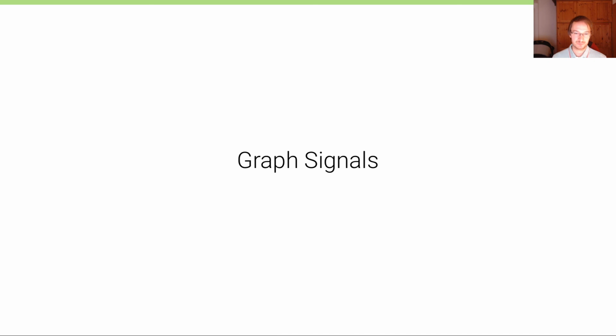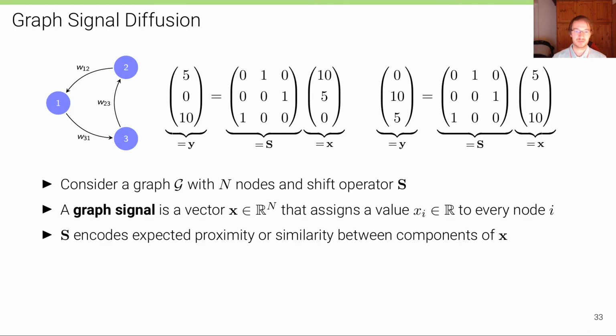We've already talked about graph signals. What are graph signals? Consider a graph with n nodes, in this example 3, and a shift operator S. The shift operator S is directly defined by the structure of the graph. In this case, we have just these 3 directed edges, and we use the adjacency matrix as a simple shift operator.